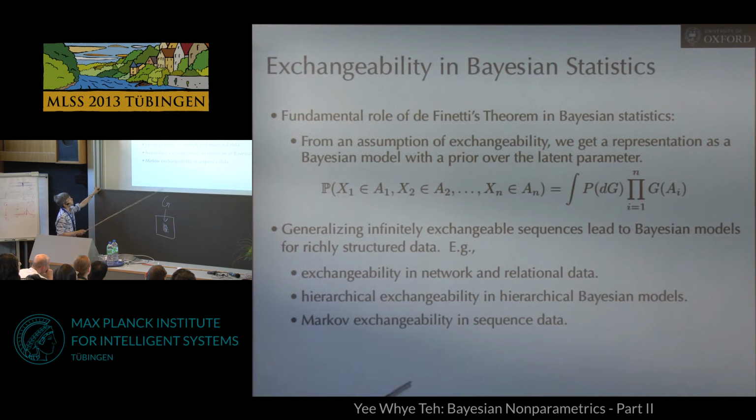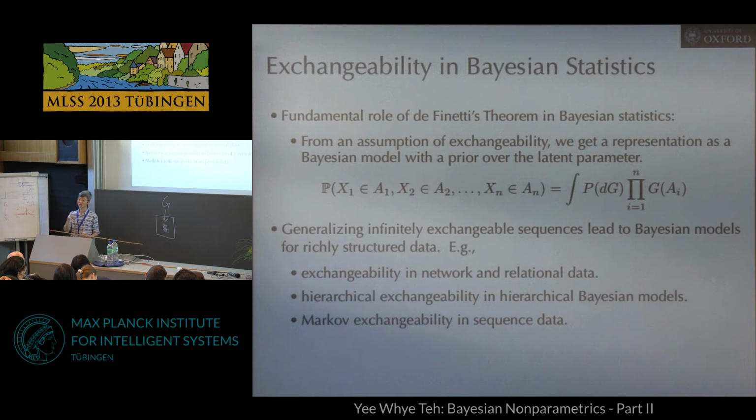What I've described here is exchangeability of a sequence of random variables, and there are generalizations that lead to Bayesian models for richly structured data. For example, if you have network data, you might assume that the nodes in your network are exchangeable. Imagine a social network, and somebody gave you a collection of people and who is friends with whom.